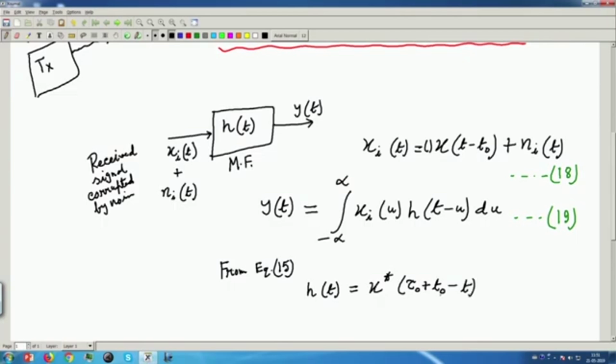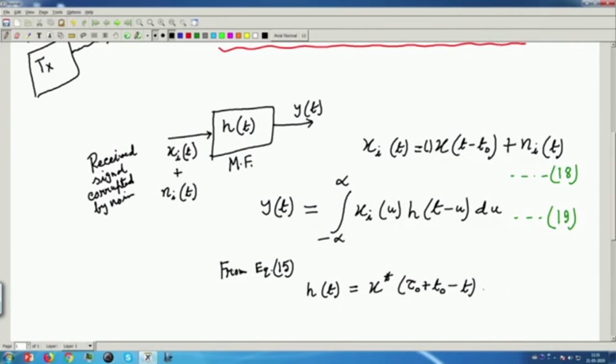I am recalling that T naught is the round trip delay for the signal from transmitter to receiver, and tau naught is the extra delay added to make this matched filter causal.